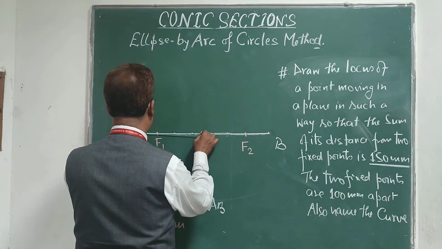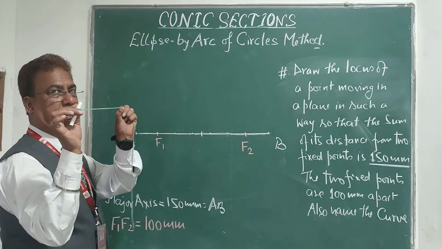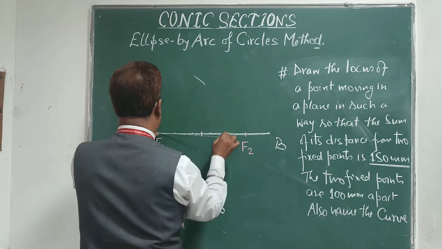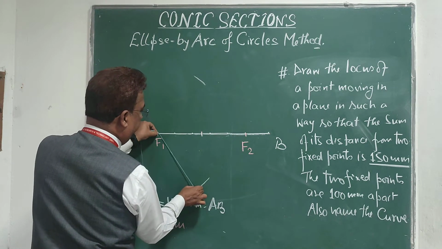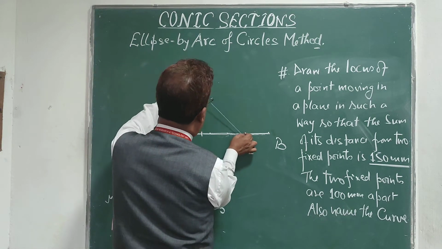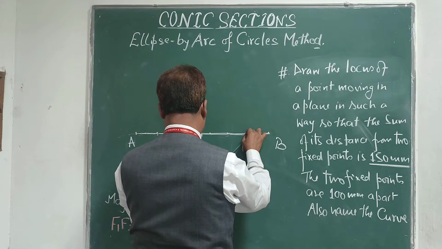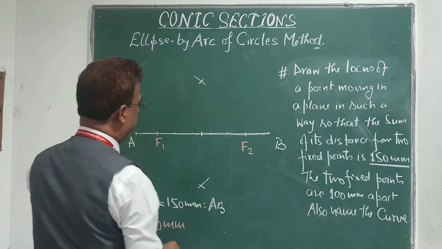From focus F1, I am going to mark two arcs, upside and downside. Again from focus F2, one arc upside and one arc downside.